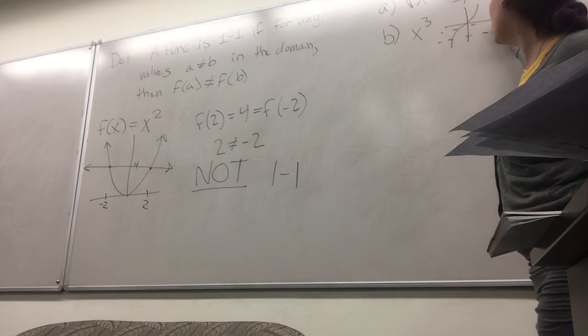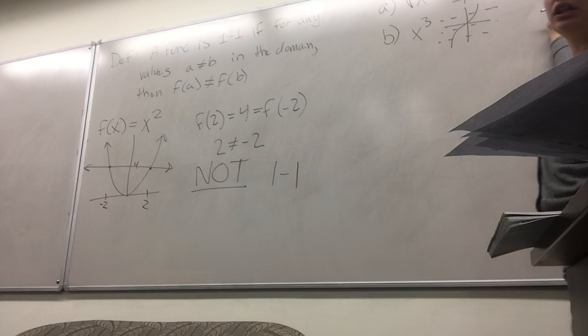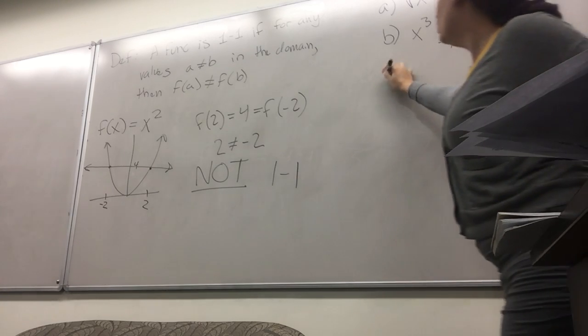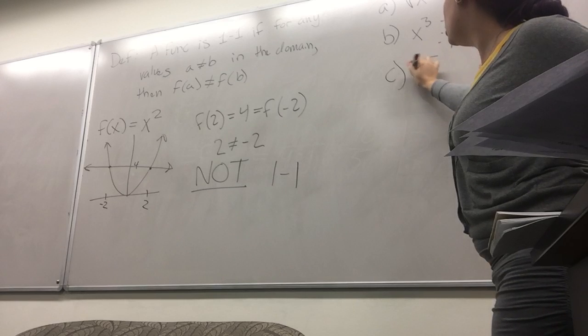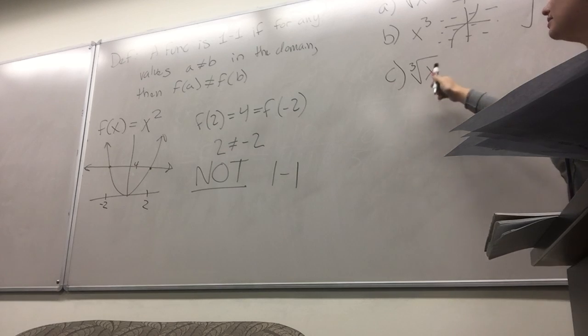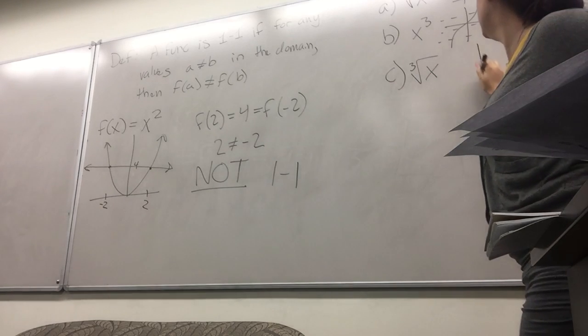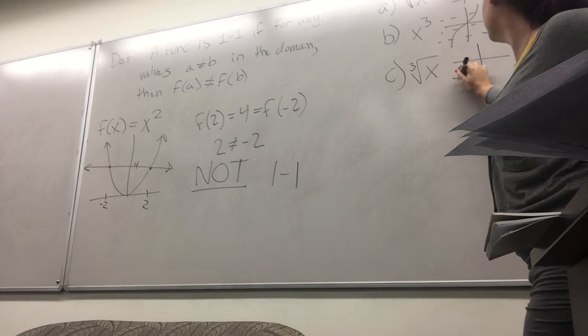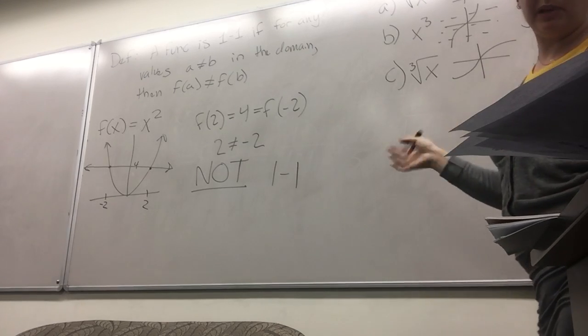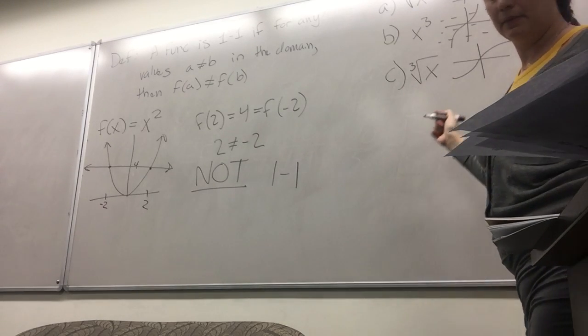Again, we can draw horizontally and not hit the graph multiple times. So it's good. What about the cube root? It's the sideways version of this. Does this pass the horizontal line test? Again, yes. So far all of these functions have been one-to-one.